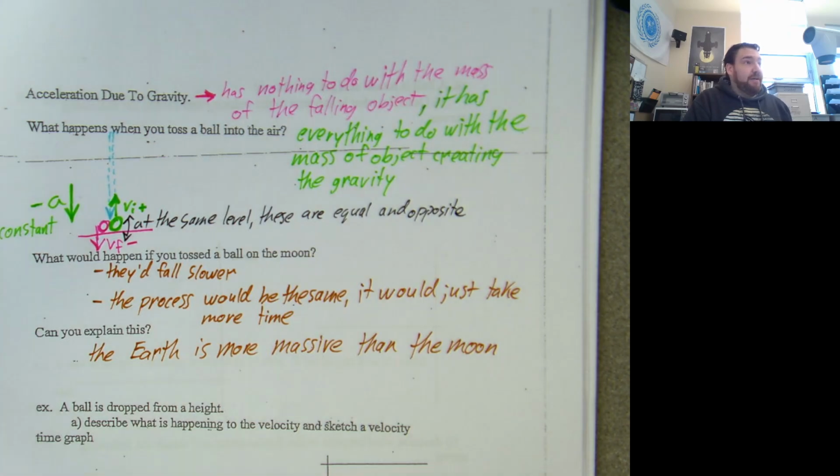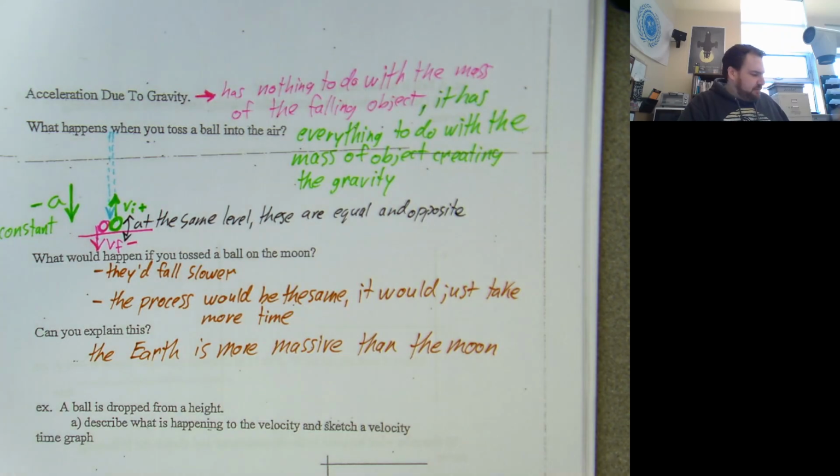So the Earth is really big relative to the moon. Earth's not actually very big. It creates gravity. You fall towards the center of the Earth. Moon, same thing, small, but you still fall towards the center of the moon. So those two things both have gravity. They also both have mass.